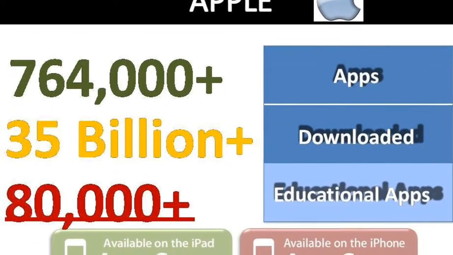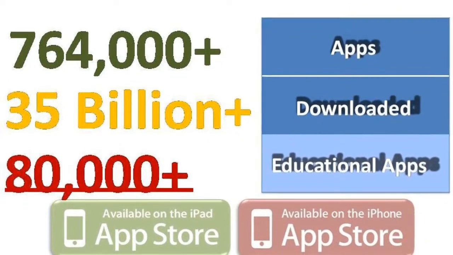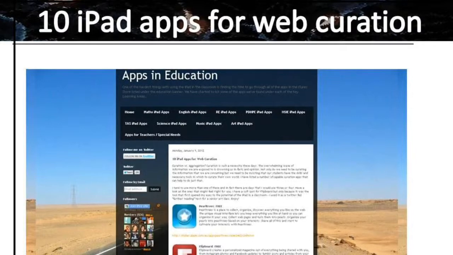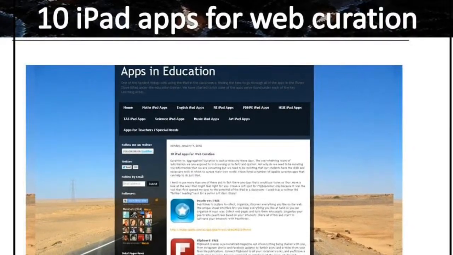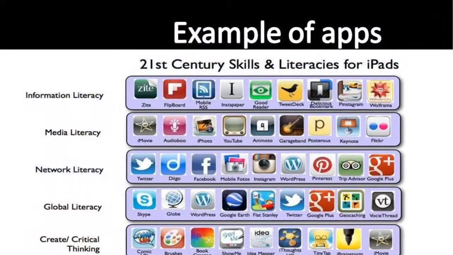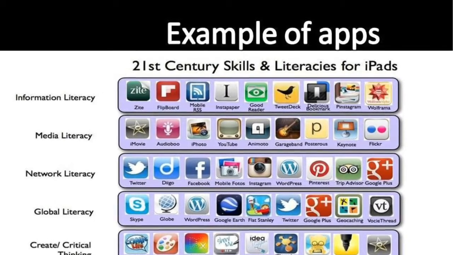We can download a lot according to the latest statistics. A teacher can download from the website according to his subject, math, science. For example, we can say Flipboard for information literacy.